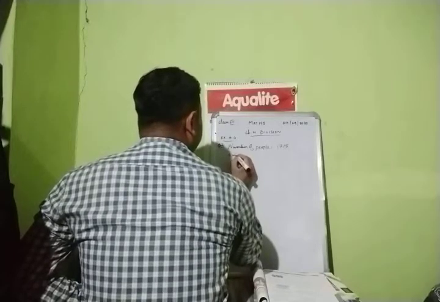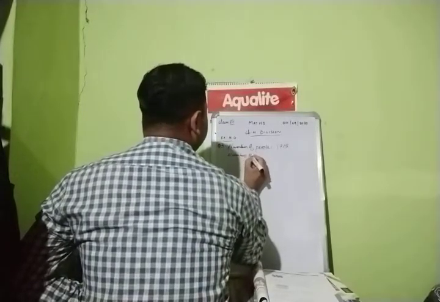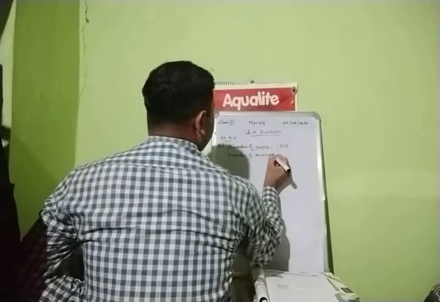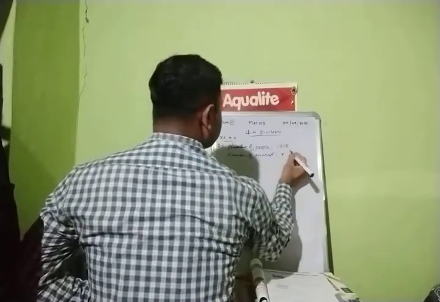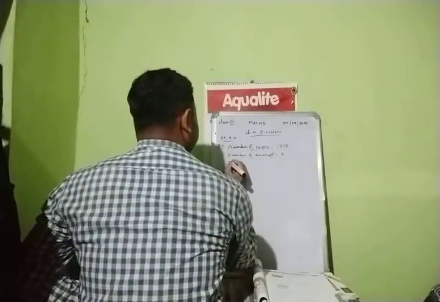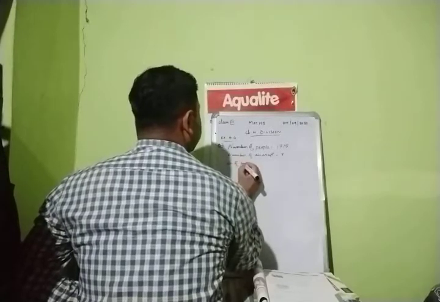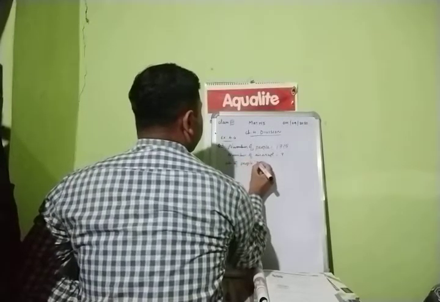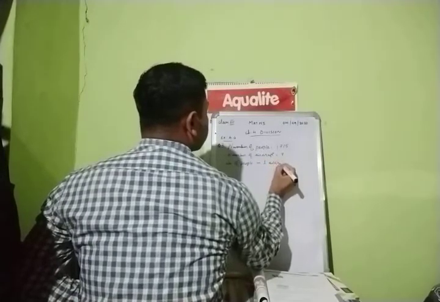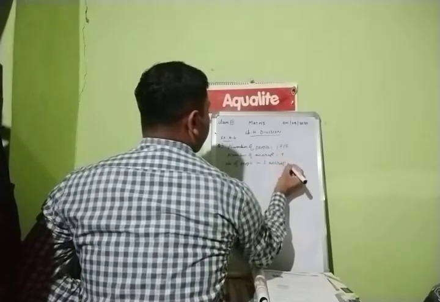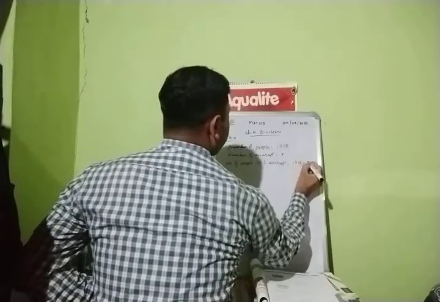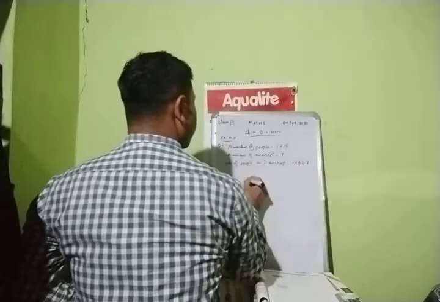How many were there? 7. So number of people in one aircraft, how many? 1715 divided by 7. Then we have to do the division here.